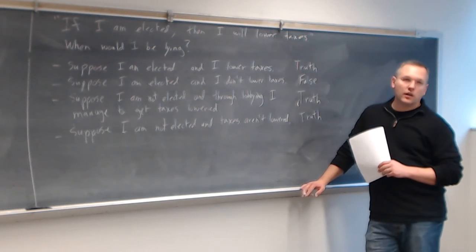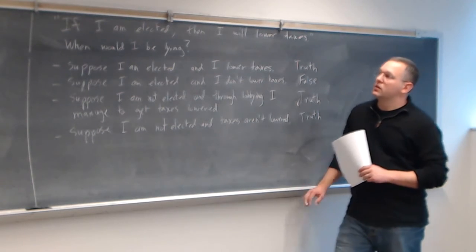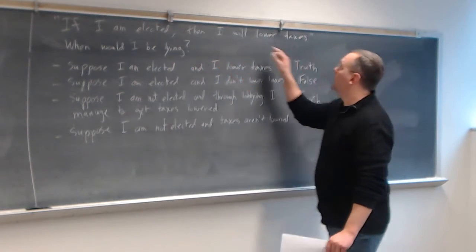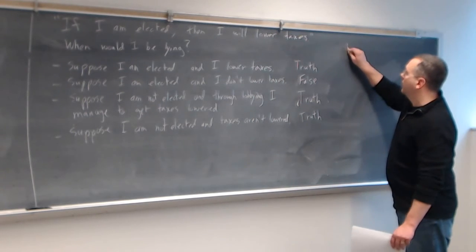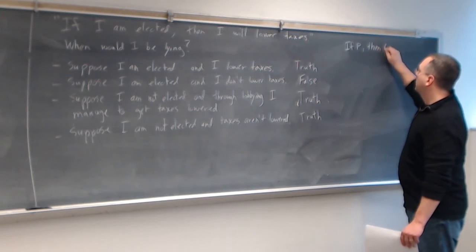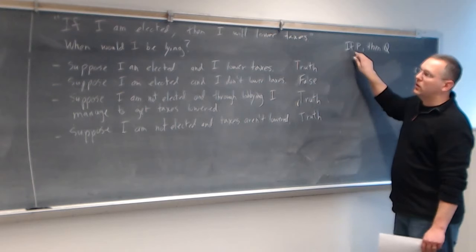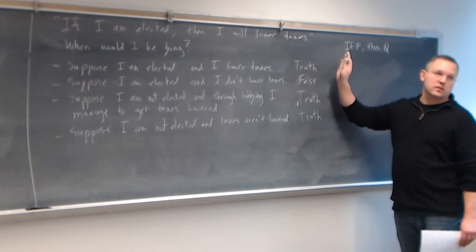So what I've actually done is I've made a truth table here. Think of "if I'm elected, then I will lower taxes" as the statement, if P, then Q. P would be, I am elected. Q would be, I will lower taxes.